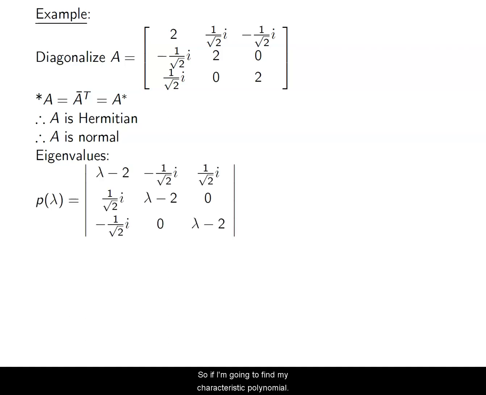So if I want to find my characteristic polynomial, the first thing we're going to do is eigenvalues. First, is it normal? Next, find eigenvalues. So I'm going to find my determinant. You guys know I like to do the 1, 2, 3, 4, 5 method, but here I'm just going to do the standard cofactor expansion method.